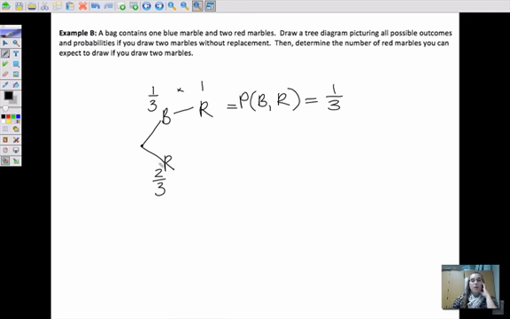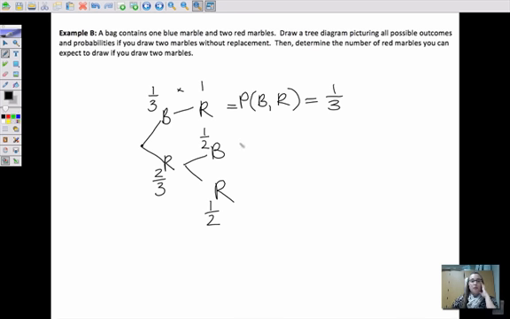Then from here we have a red, and then we could get a blue or a red. If a red's already drawn out, the chance of getting a blue is 1/2 because there's 1 blue and 1 red left. For this one, same thing again, red and red, the chance of getting a red after this is also 1 out of 2 marbles.